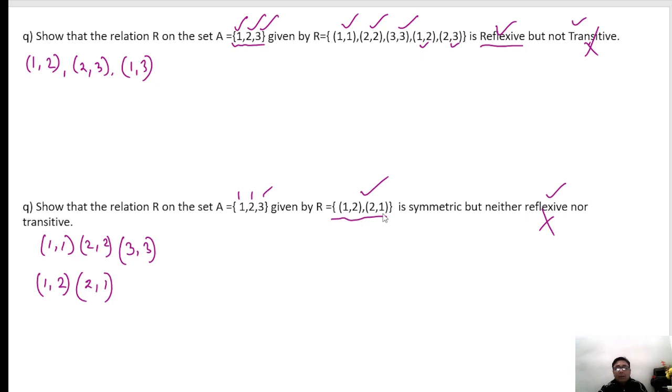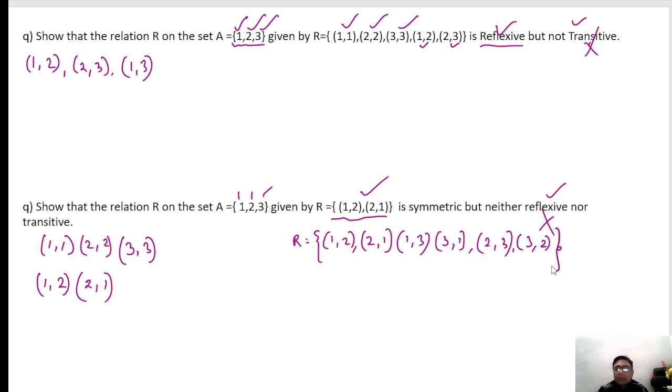Like यहाँ पे ऐसा होता कि आपका (1,2) है तो (2,1) होना चाहिए, (2,1) भी है. अगर (1,3) है तो (3,1) होना चाहिए. अगर (2,3) है तो (3,2) भी होना चाहिए, right? But here they have given only (1,2), तो (2,1) भी है, that means it is symmetric, correct?